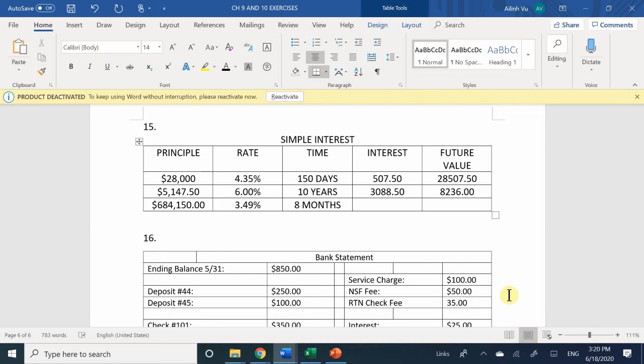I'm taking my 684,150 times 3.49%, and that gives me 23,876.84.